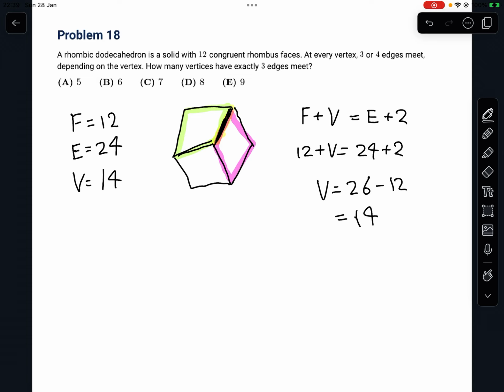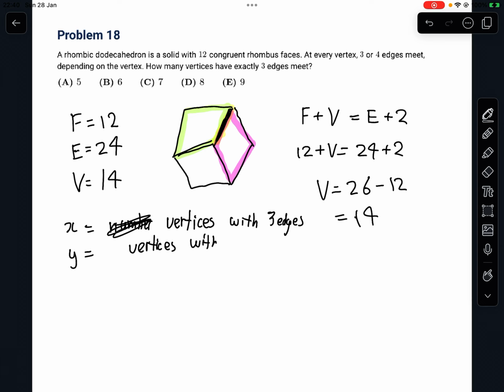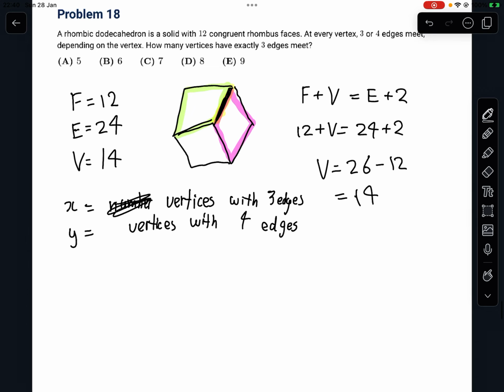Now that we know how many faces, edges, and vertices we have, we can set up a system of equations and solve for the answer. Let x be the number of vertices with 3 edges, and let y be the number of vertices with 4 edges.